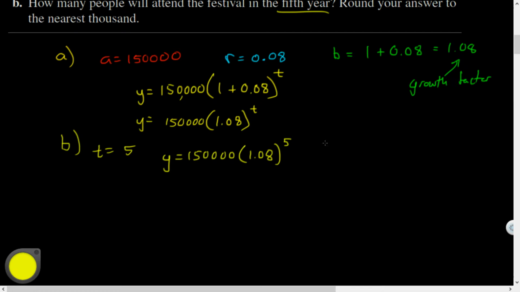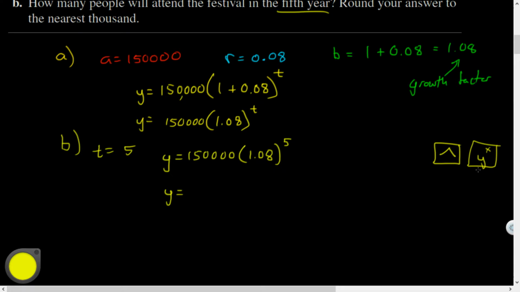All right, so let's do the 1.08 to the 5th power. I turn on my calculator, 1.08, and then a little caret button, or sometimes you have a button that says y to the x. I've seen both types of buttons.